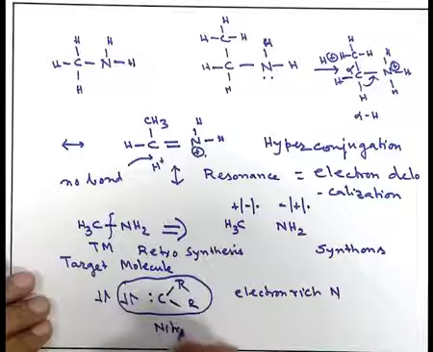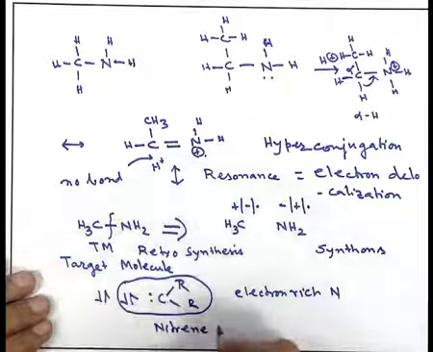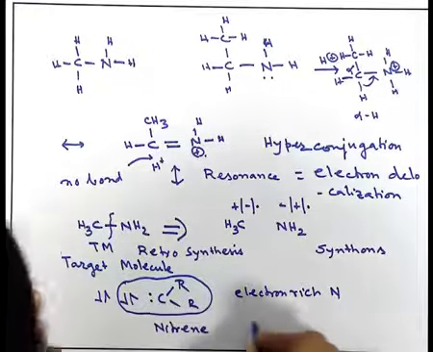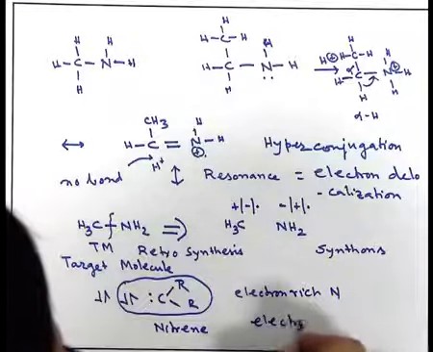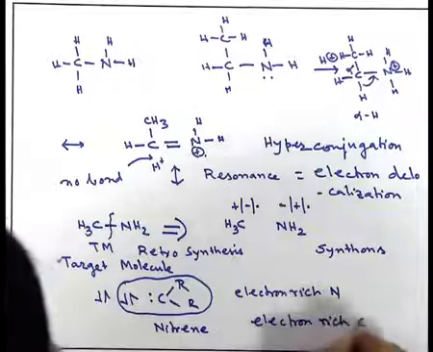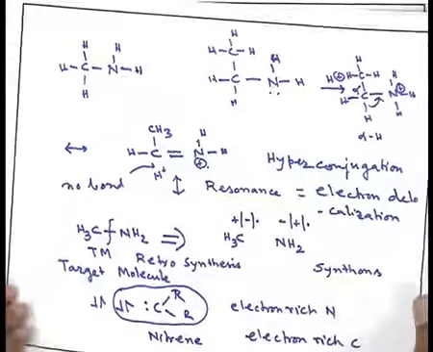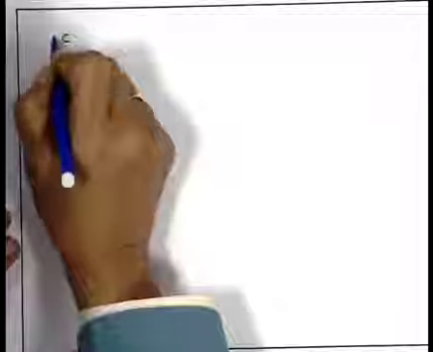Nitrene is also a very interesting reactive intermediate with electron rich carbon. That means all the possibilities are there, but the most common or simplest procedure is by taking methyl plus.